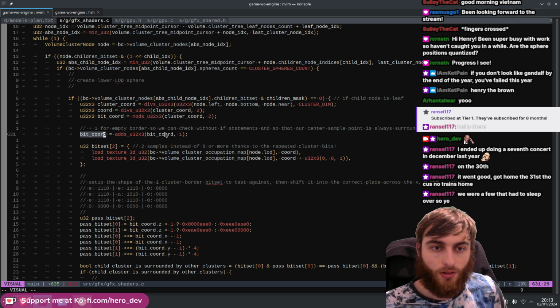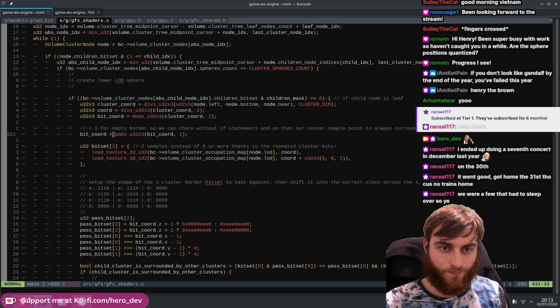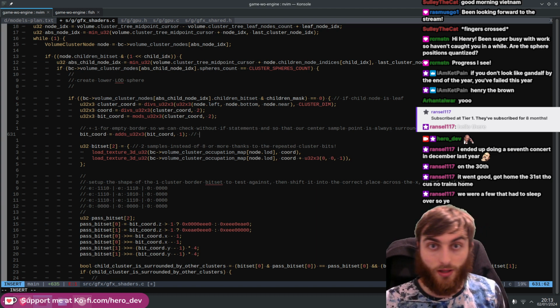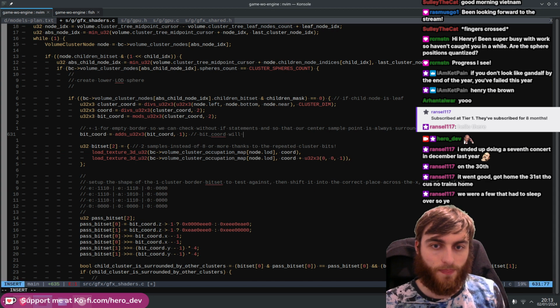So effectively, here's what we can say, as another way to help people understand this code and me in the future. You want to say basically bit coord will either be 1 or 2.